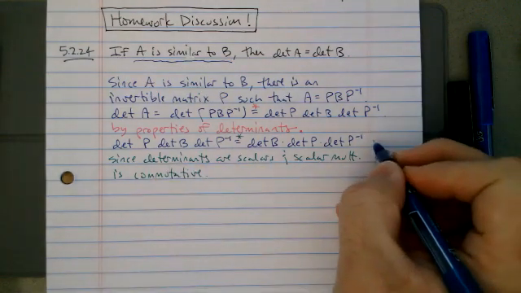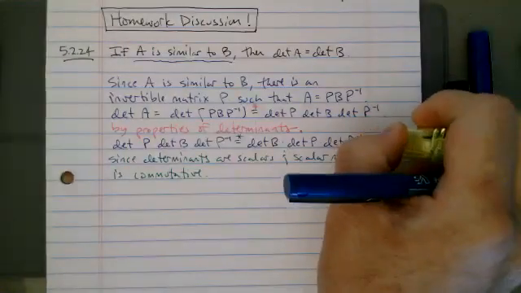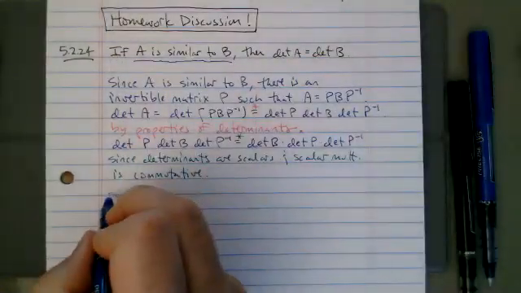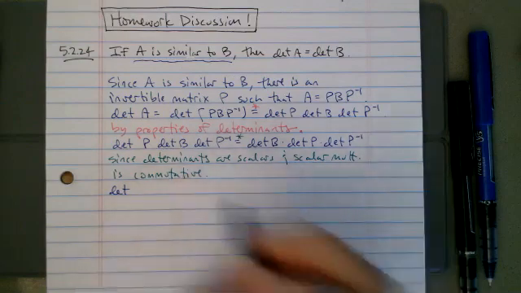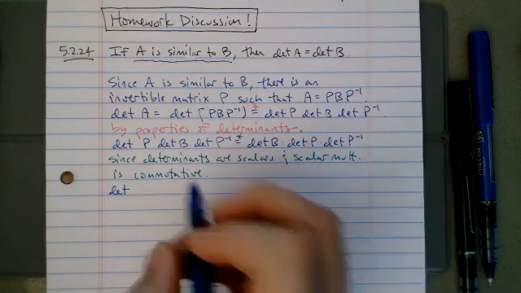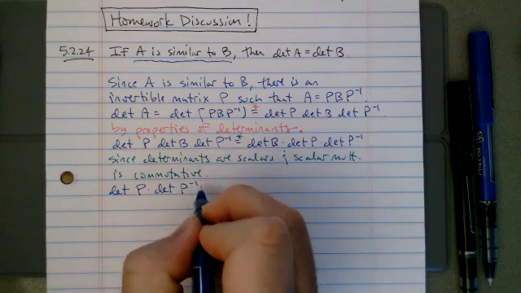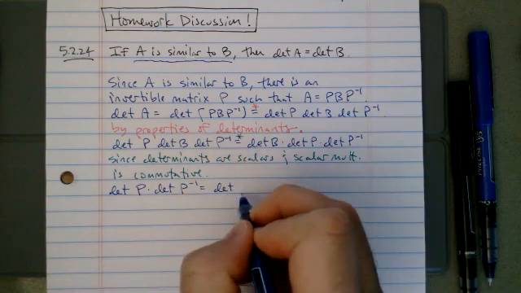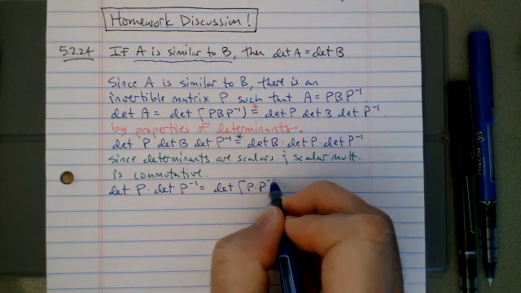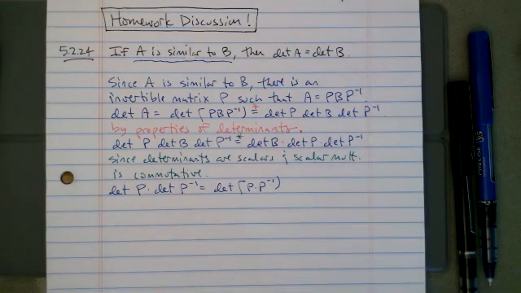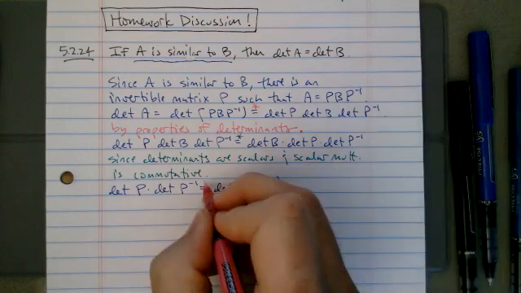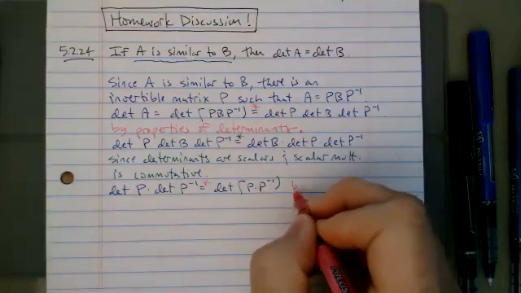So the determinant of P times the determinant of P inverse is equal to the determinant of P times P inverse, once again by the same properties of determinants we had before.